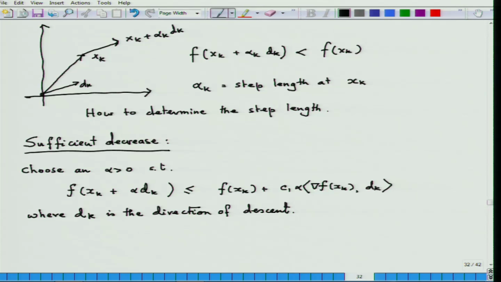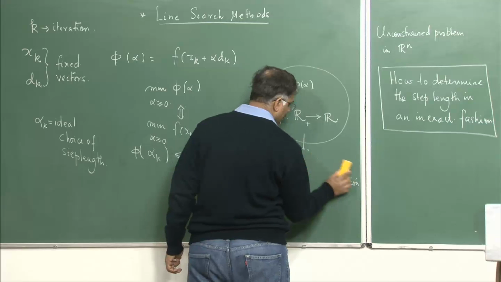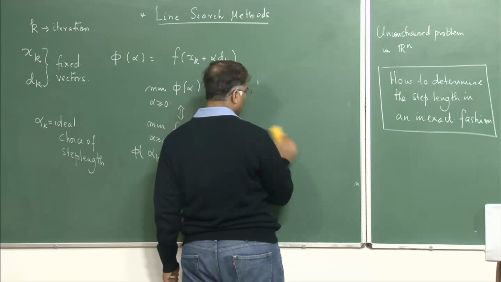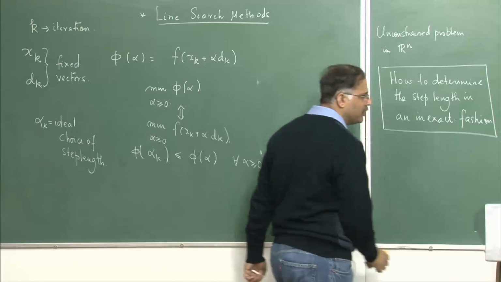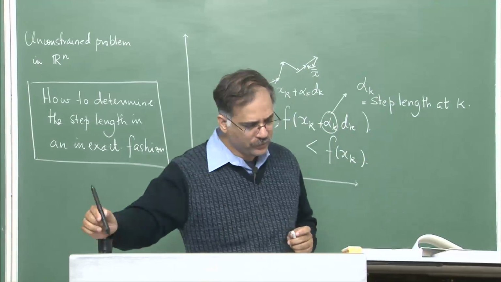Let us remove this little part here, because we have already started this inexact business. Let us see what the sufficient decrease condition actually means. Of course, you have to choose c1.